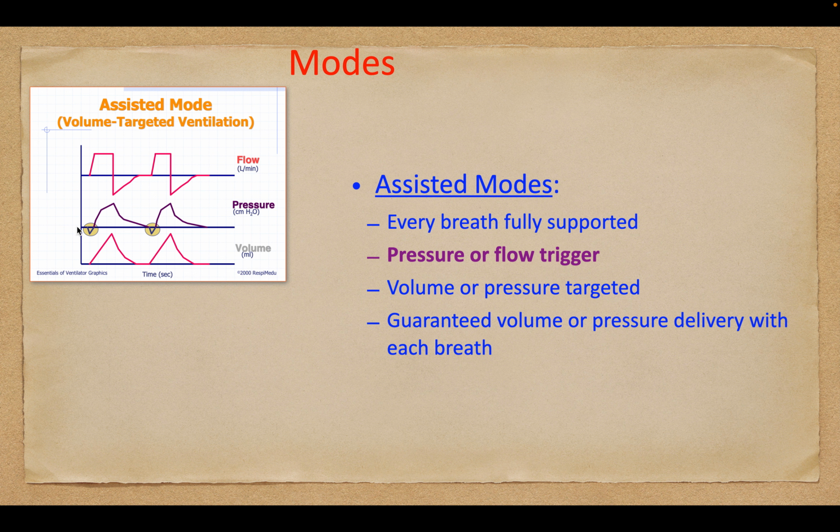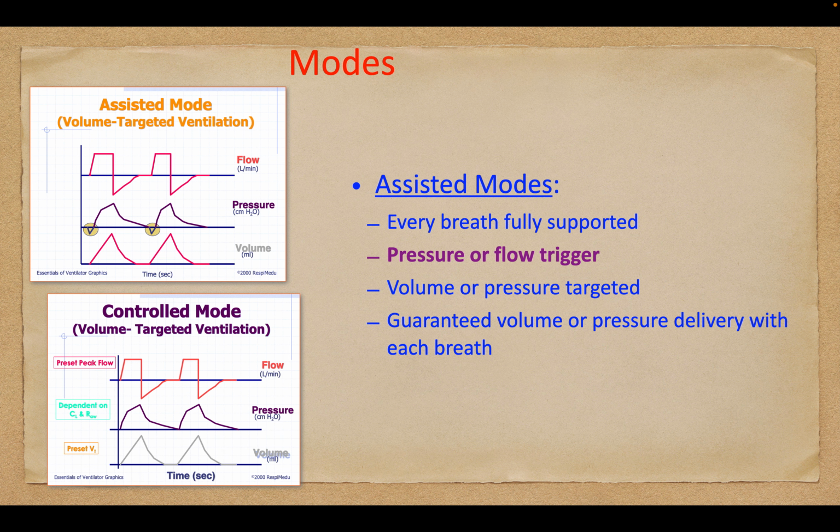You could see a small negative deflection here, which is nothing but the assist control volume control mode. Similarly, this is a control mode where you cannot appreciate the negative deflection, so it becomes a control mode, and this becomes an assist control mode.